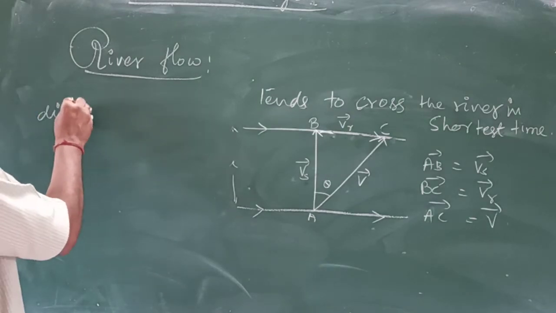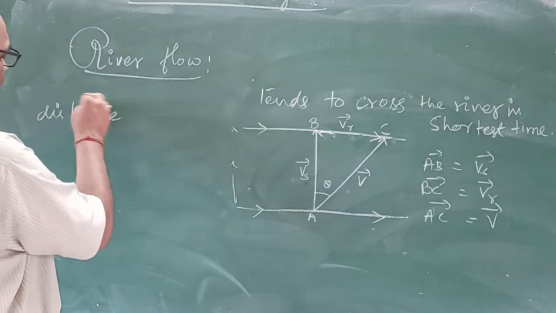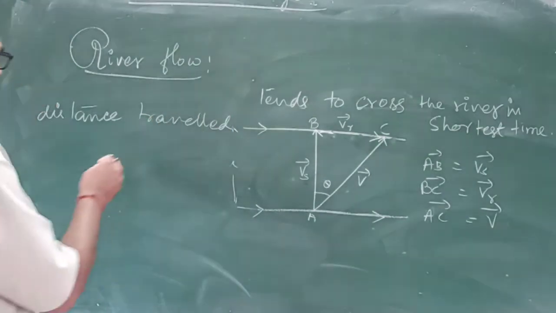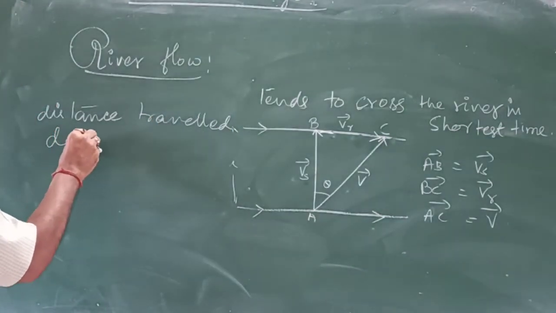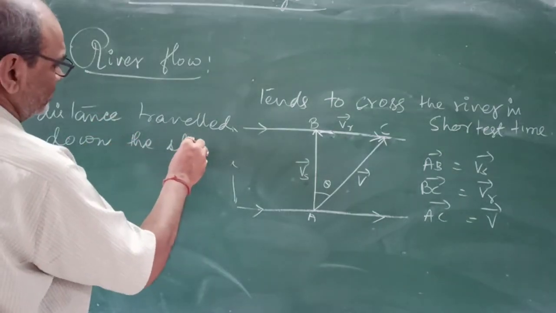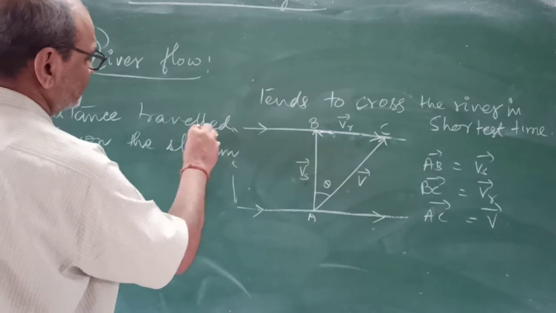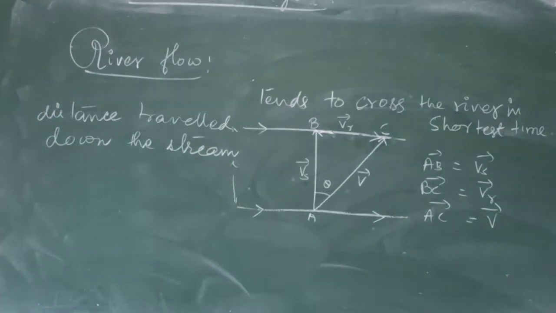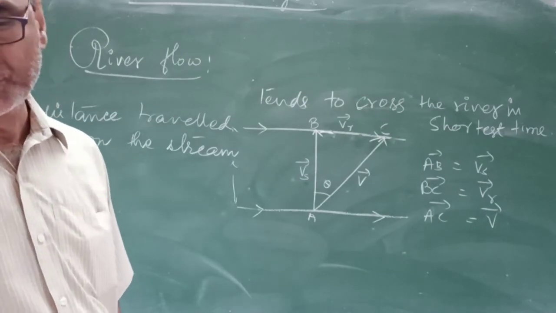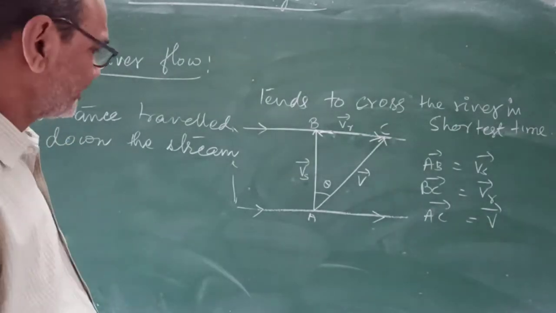Distance traveled down the stream due to water current.